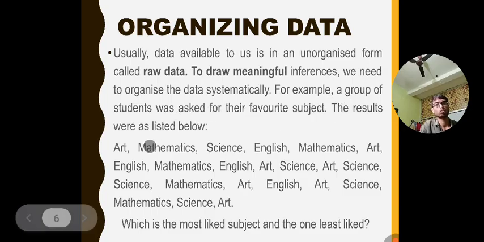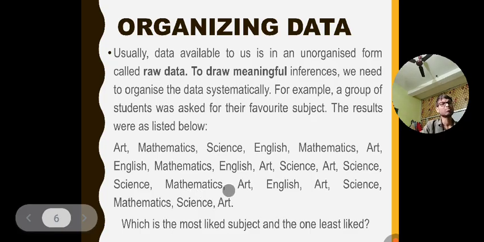For example, a group of students was asked for their favorite subject. The results were as listed: art, mathematics, science, English, science, English, mathematics, art, English, mathematics, English, English, art, science, art, science.